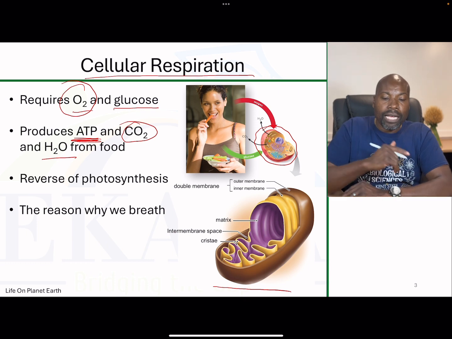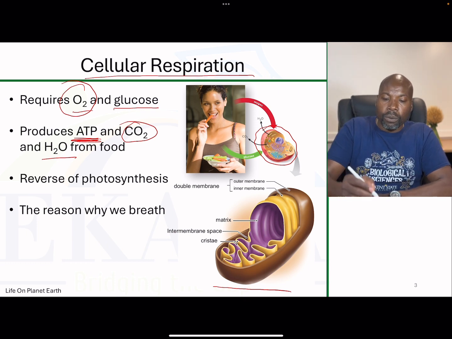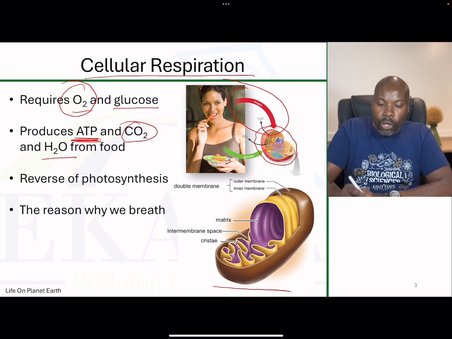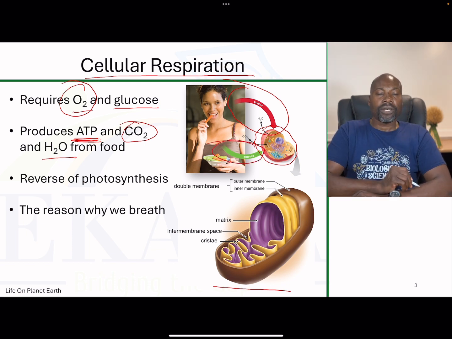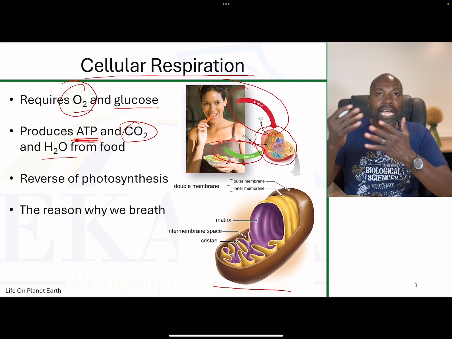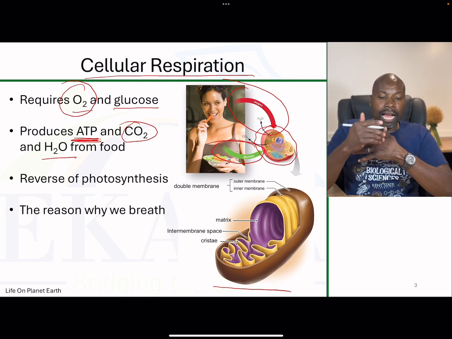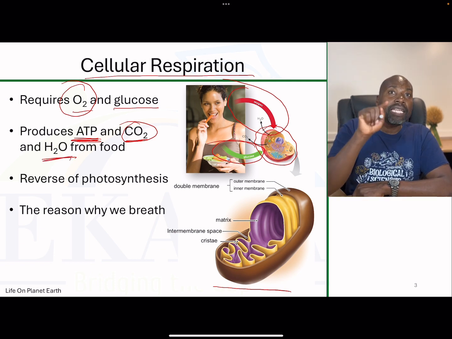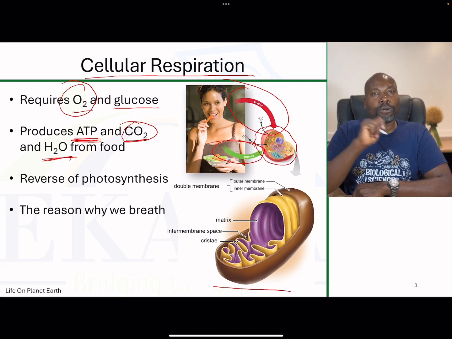Now, when we look at cellular respiration, well, oxygen is an input here, glucose is another input here, and as byproduct, we have carbon dioxide and water, which are the beginning reactants for photosynthesis.